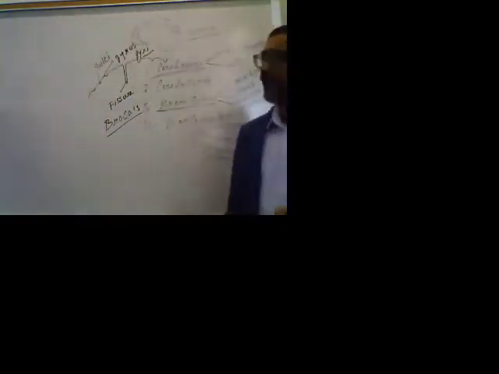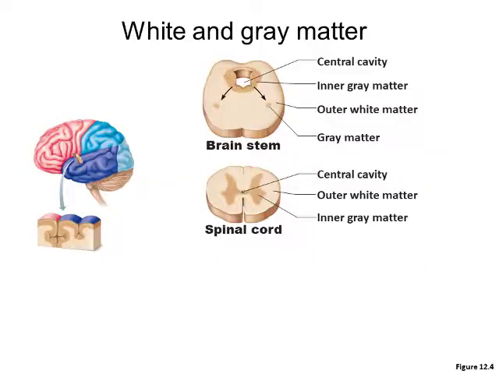Gray matter, white matter. This is gray matter. So if you cut the brain, the outer part is the gray matter, the inner part is the white matter. That I have showed in the last lecture too. That is the brain. Now if you cut the spinal cord, what will you see?